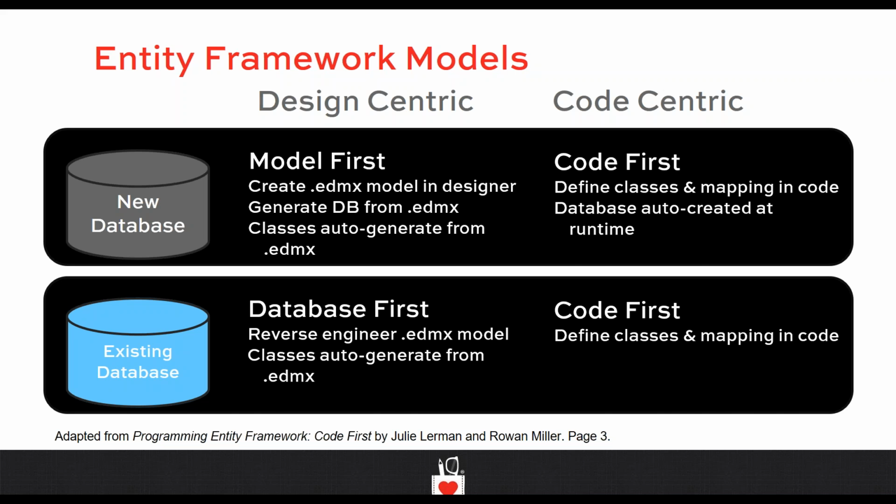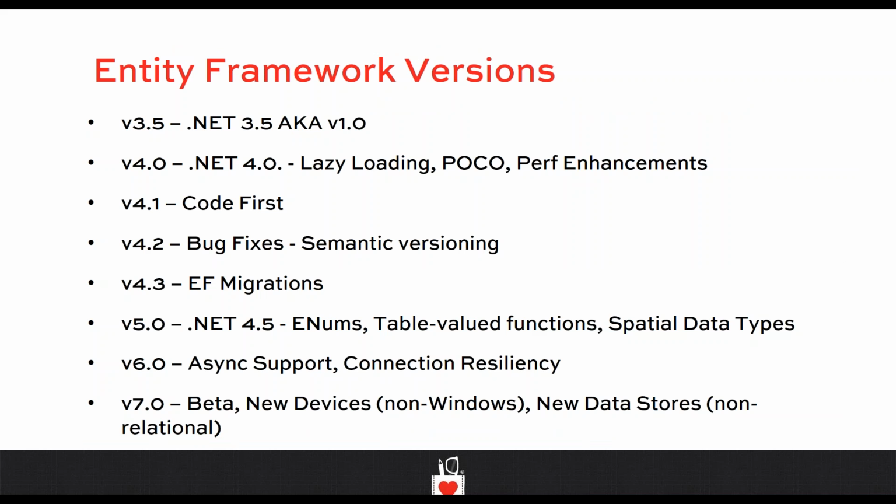All right, I'm not going to go too deep in all of the framework versions and all this stuff. I have this here just for your edification. I will bring out two points here. One, this is crazy: Entity Framework version 3.5 used to be called version 1.0 till about a year-ish ago when Microsoft started calling it 3.5.